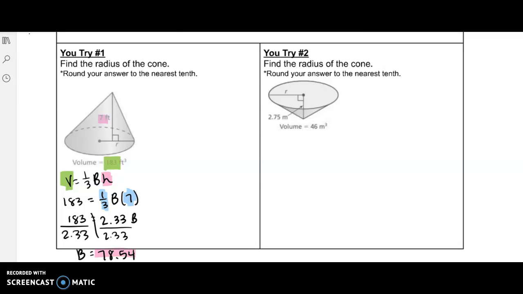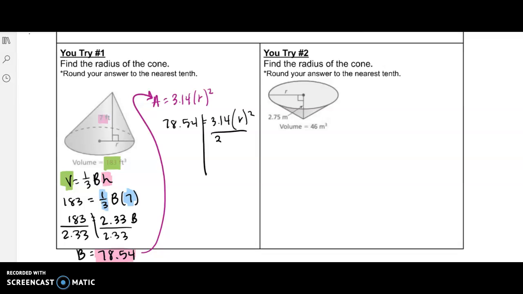And we're going to plug this in to our formula for the area of a circle. So this goes in for A. So we have 78.54 equals 3.14 times your radius squared. Divide by 3.14 on both sides.